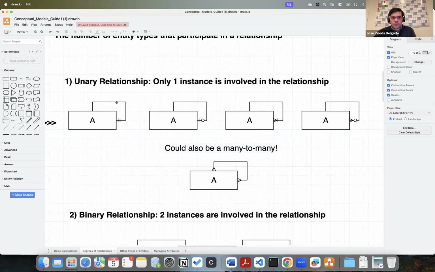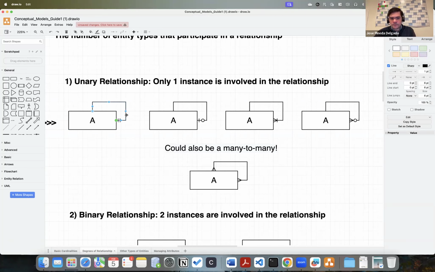The approach for the cardinality is the same. You still have 2 directions to go to. So how the first instance relates to the second one, and therefore how the second one relates to the first one. So you can have one-to-one, one-to-one mandatory, one-to-one optional, one-to-many mandatory, one-to-many optional. You can have many-to-many.